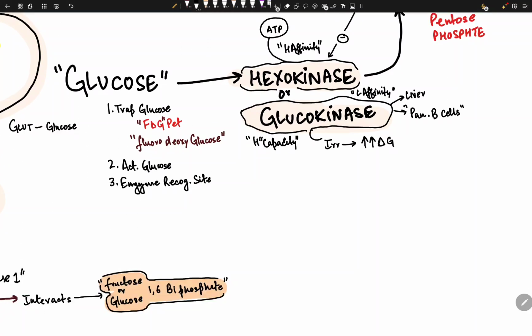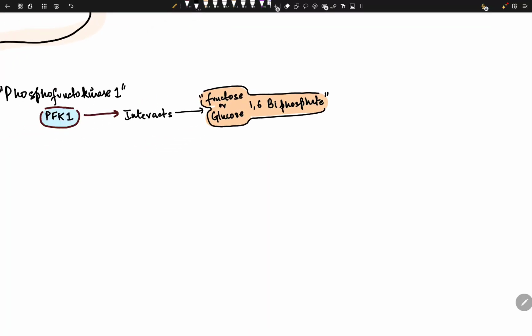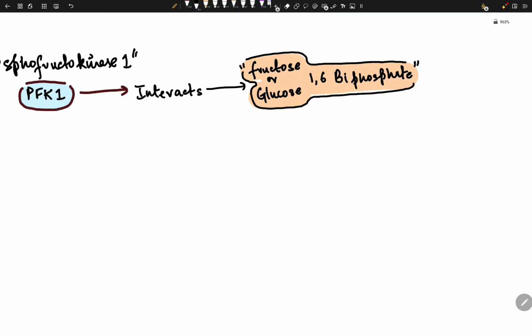Now, you must be asking me, how does it happen? On interaction, it actually puts in one more ATP, okay? Because commitment requires investment, right? The cell asks, do I really want to metabolize this glucose? If yes, then the cell invests one more ATP, and then the pathway proceeds.